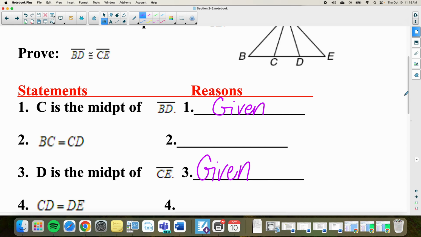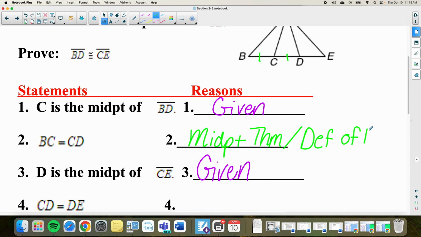So they say C is the midpoint of BD. If C is the midpoint here, I can say those two pieces are equal. That is what they did, and I can either call that midpoint theorem, or if you rather would do definition of a midpoint, I would accept either of those. Okay.